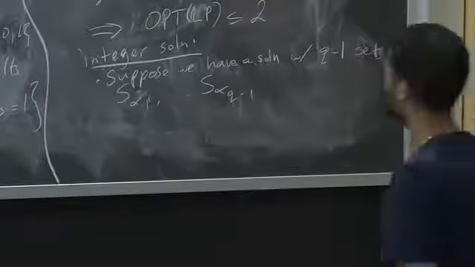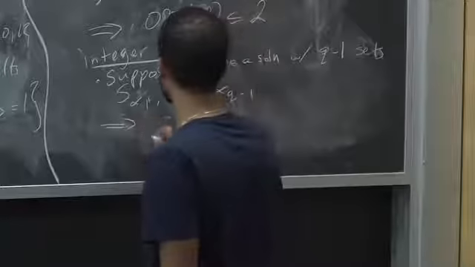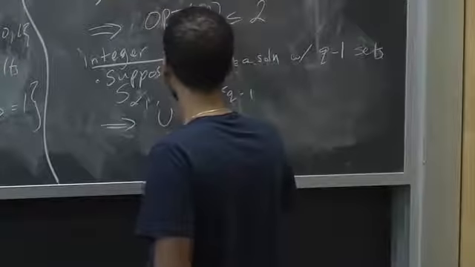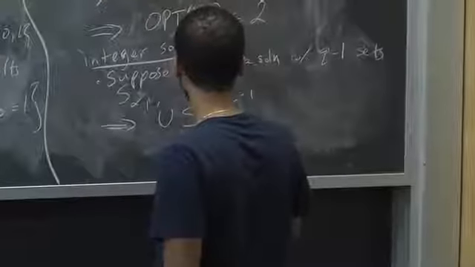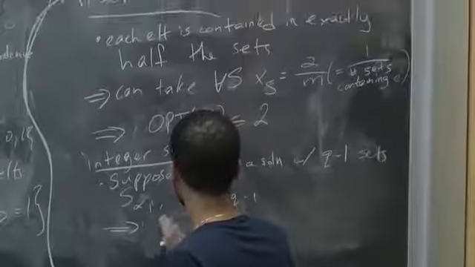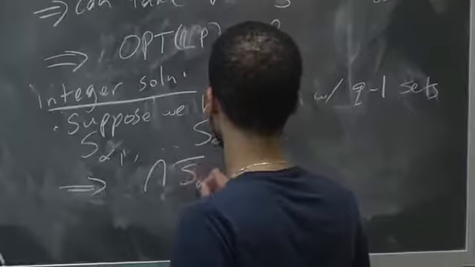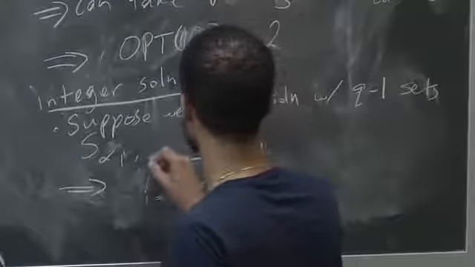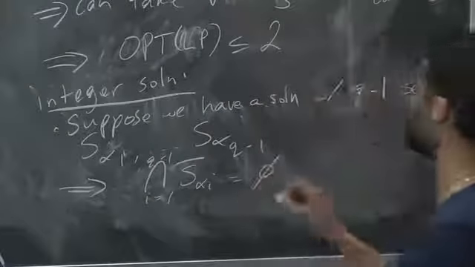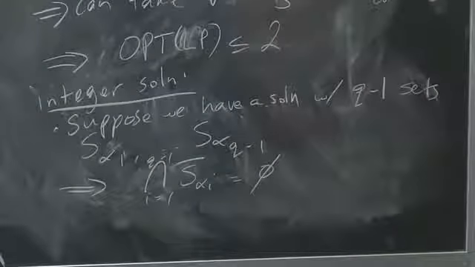What you're telling me is that the intersection of the complements of S alpha i, where i goes from 1 to q minus 1, is empty. There's nothing that's not covered by any of them.